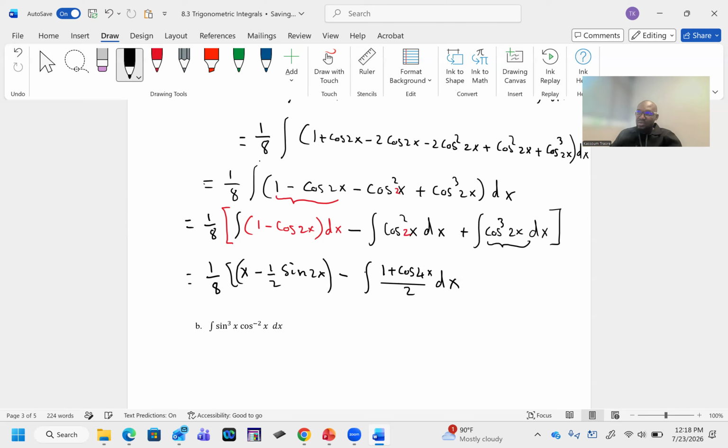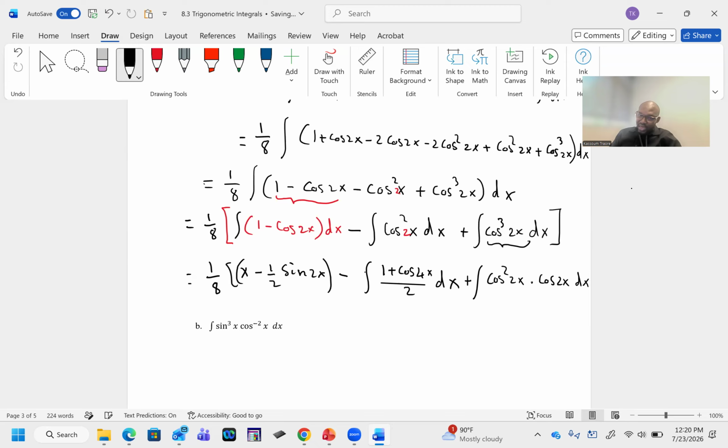And for this one, this is odd, right? Third one is odd. So we can use substitution in here, because I will rewrite this one as the integral of cosine squared of 2x times cosine of 2x dx.